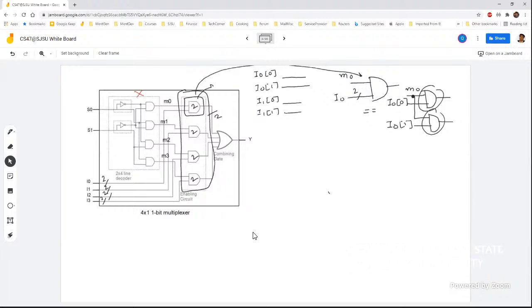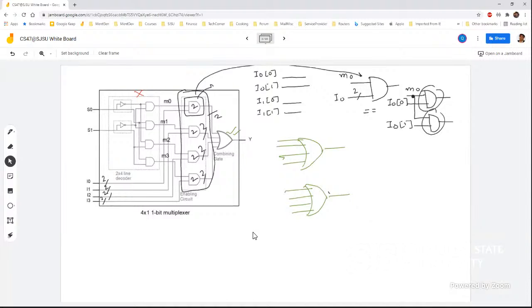There will be a change for this 4 input OR. You can imagine there are two 4 input ORs, one for each of the individual bits coming out of these circuits. So essentially we need to calculate this OR part twice.